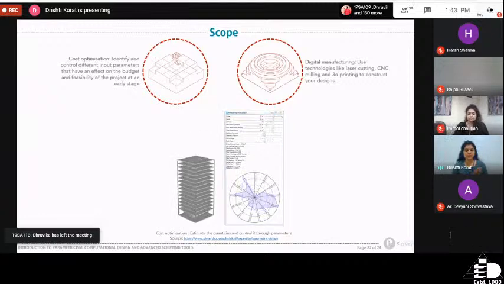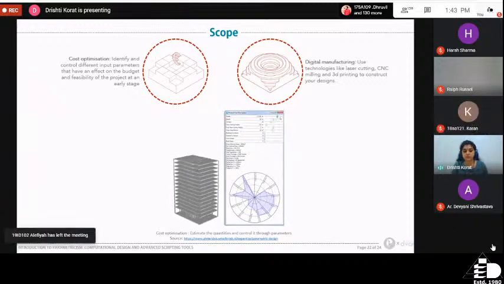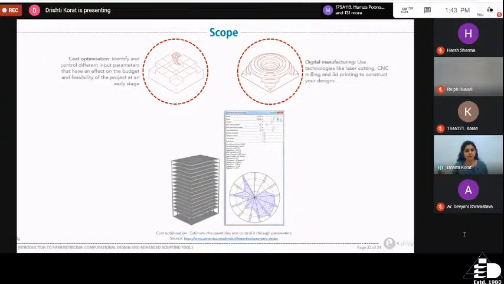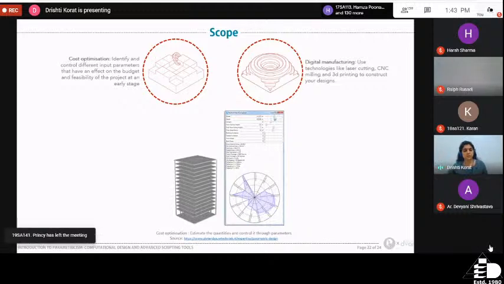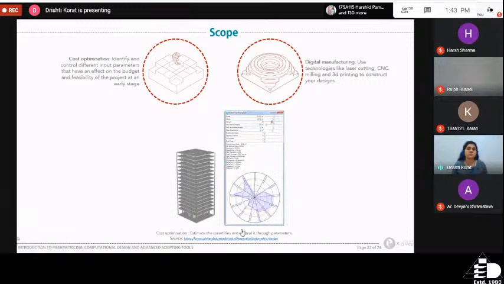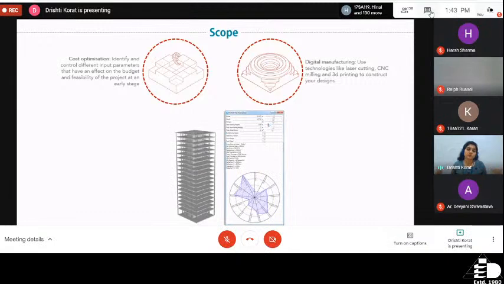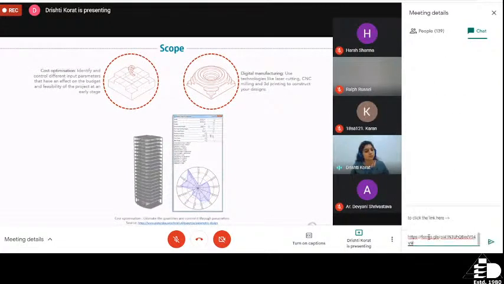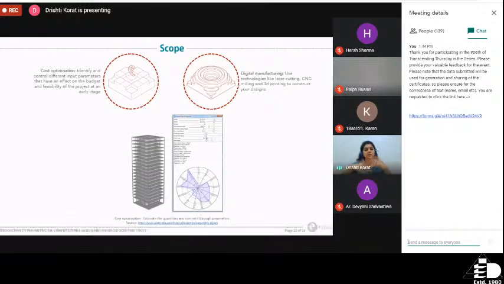This is to say that in the very beginning of your design process, you are able to estimate different factors related to execution, and are able to control costs. So maybe I can increase the spaces between the columns, and based on that, the number of columns would decrease, and the amount of concrete and metal used would also decrease, which will bring down the cost and bring it within the budget of the client.